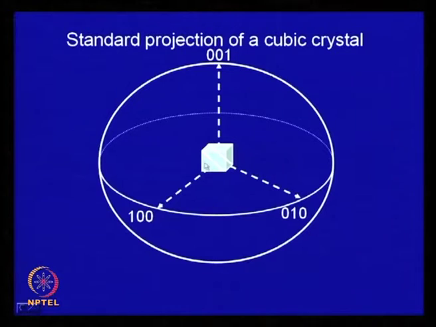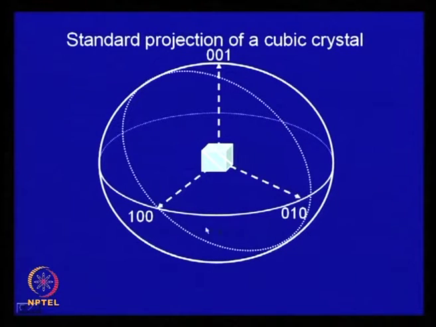What are the indices of this plane? This plane is joining 2 opposite edges, and it contains the face diagonal. So, therefore, the indices of this plane are 0, 1, 1.